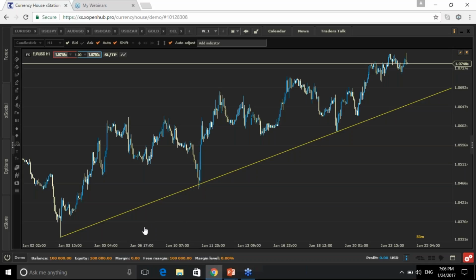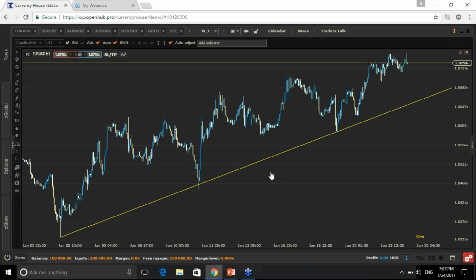So this line can be considered as a support line, meaning that in case you will see the price action coming closely to this range, it could give you a signal to buy this asset, because the price will come to the bottom line of this range.